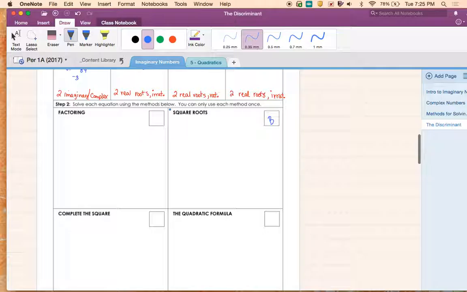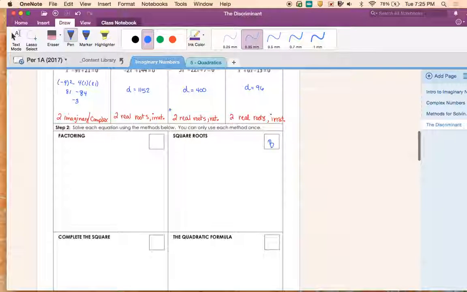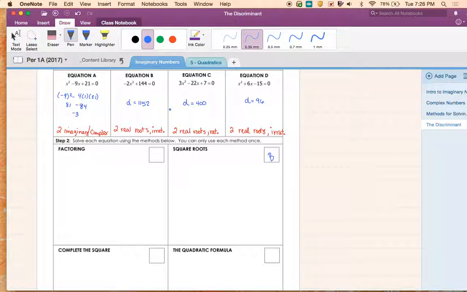The next one is factoring, and it's most efficient to factor if I look on the other side, it says when the roots are going to be rational numbers, integers. So here I know I got 2 real roots, and that's the only one that had rational.